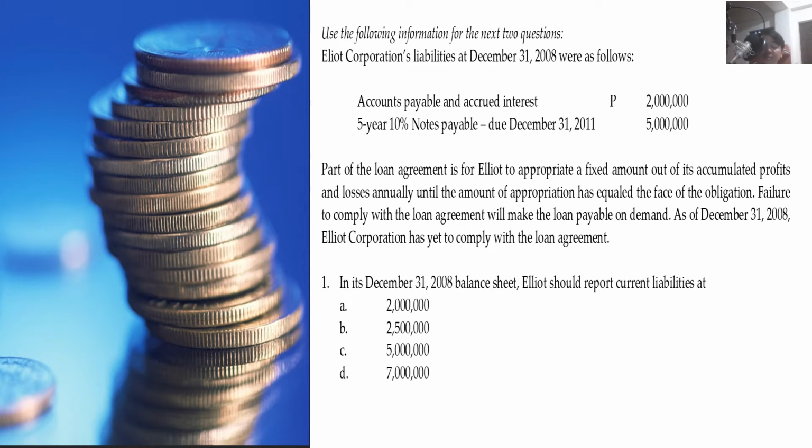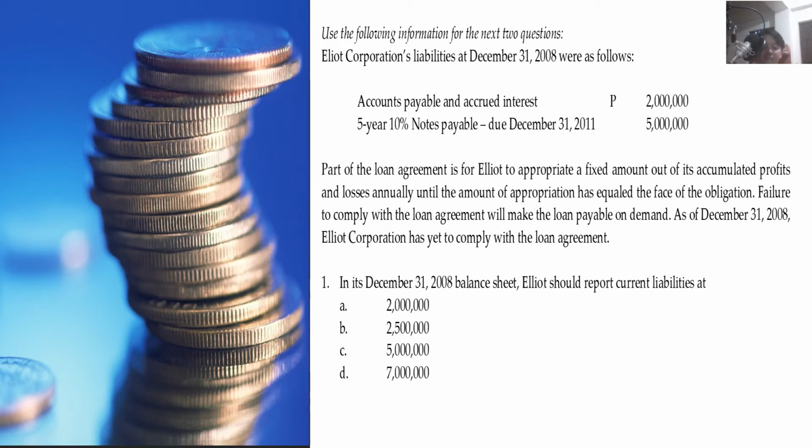Let's go over dun sa data. The company's liability as at December 31, 2008 are as follows. Meron silang notes payable and accrued interest 2 million. Tapos meron silang 5 million na 5-year 10% note payable due December 31, 2011.